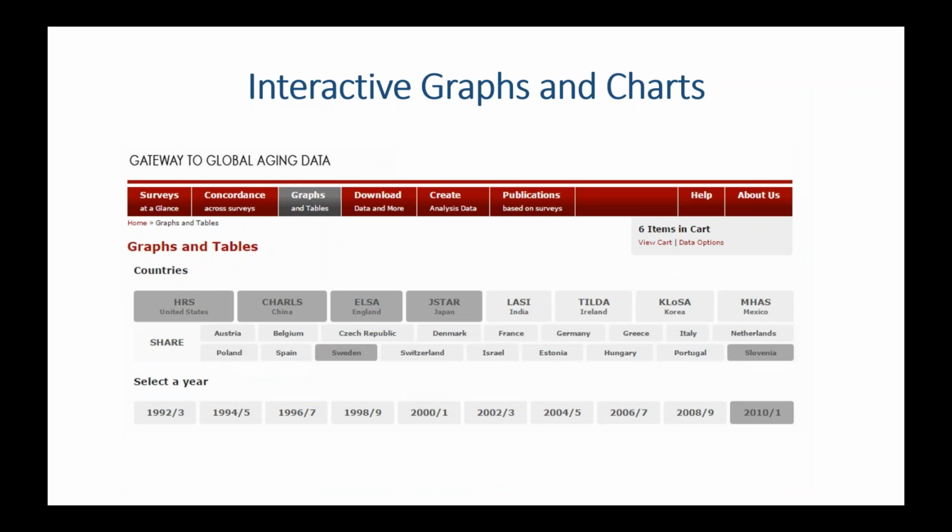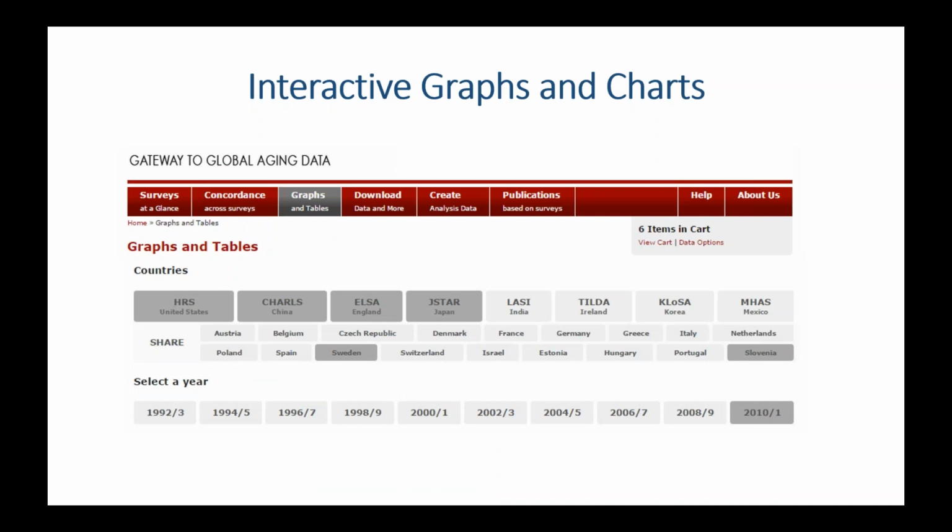We also built interactive graphs and charts, and we wanted to build graphs and charts to give users a way to interact with the data before actually downloading the data and going through sometimes the difficult process of weighting the survey data, of doing things like accounting for a skip pattern.